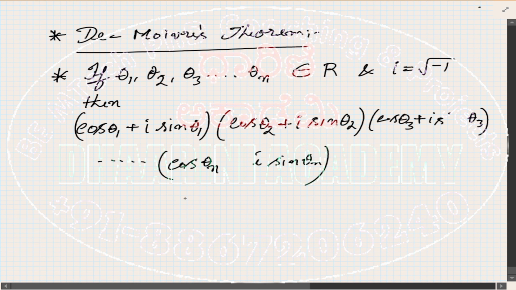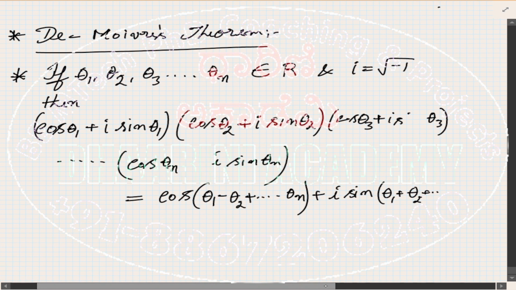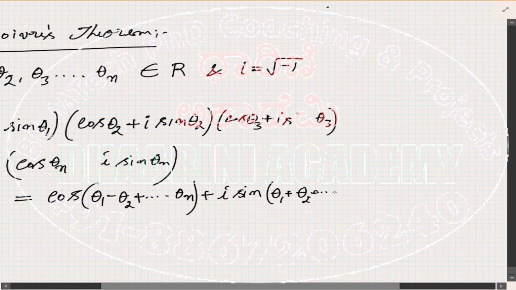This can be replaced by simply cos of (theta 1 plus theta 2 plus theta 3 plus ... plus theta n) plus i sin of the same thing, (theta 1 plus theta 2 plus ... plus theta n).